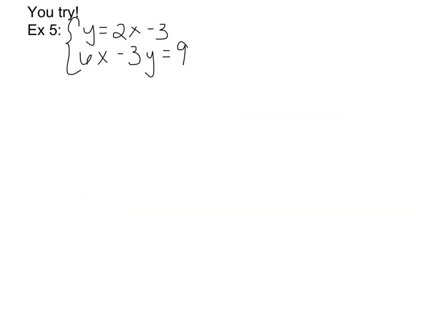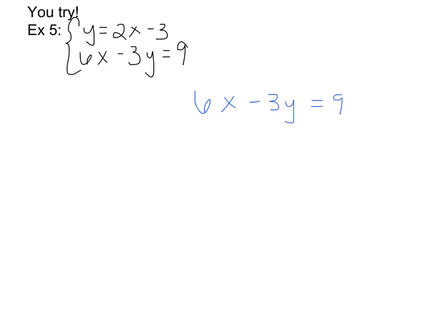Example 5 is our last example, and again we are trying to classify this without graphing, and I want you to tell me, is it independent, is it dependent, or is it inconsistent? Example 5 is pretty easy because this first equation is already in slope-intercept form. I have y equals 2x minus 3 already. So all I have to do is take my second equation, which is 6x minus 3y equals 9.